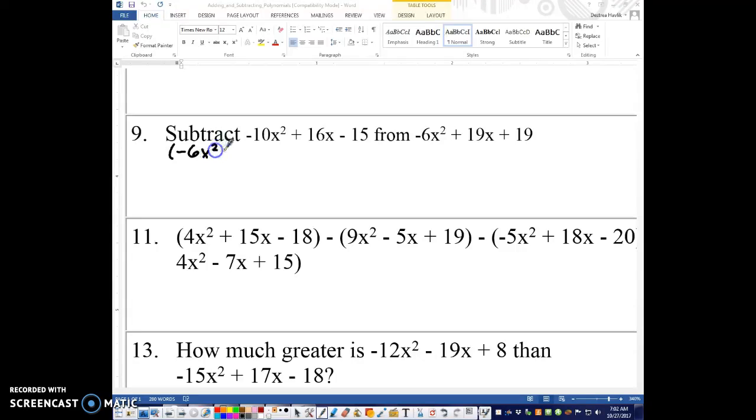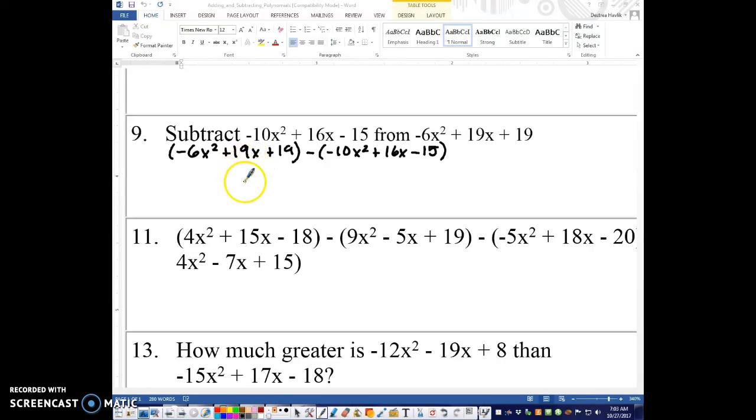Negative 6x squared plus 19x plus 19. And we're subtracting this from this. So subtract negative 10x squared plus 16x minus 15. Notice I had to put parentheses around these. We wrote the equation from the words they've given us, okay?